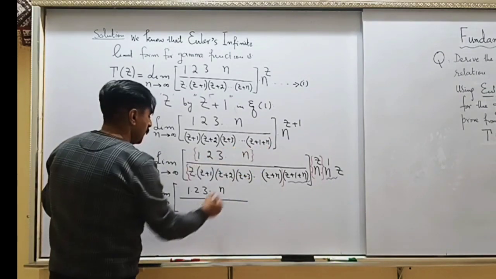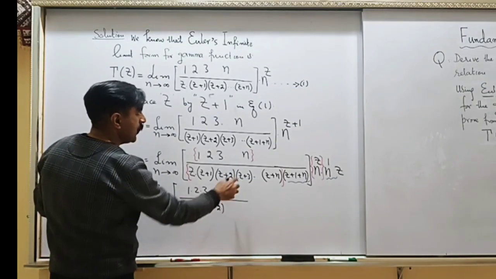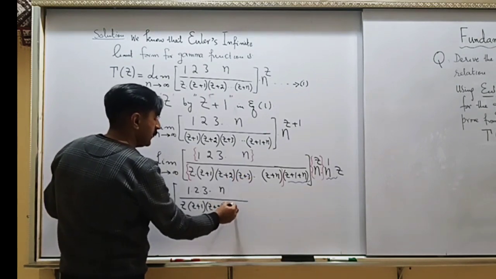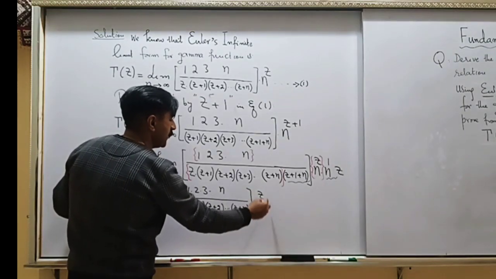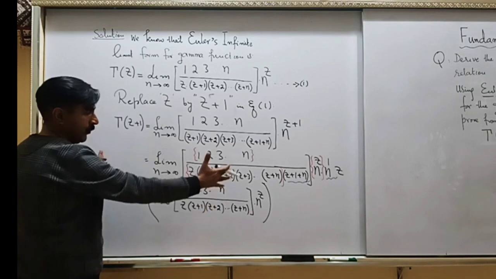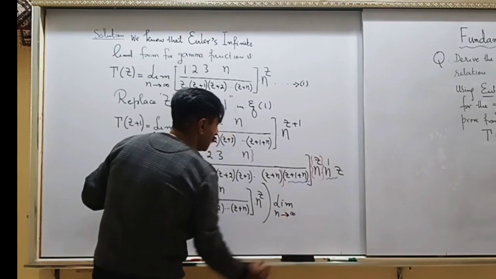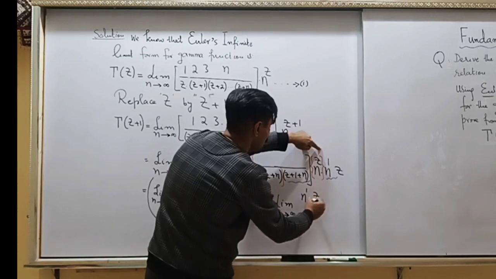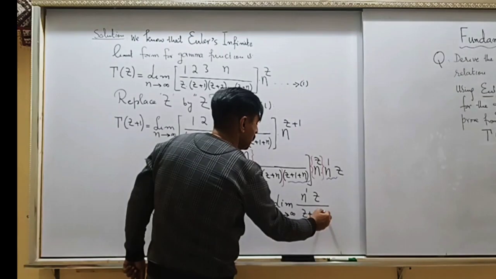So 1 to n, z into z plus 1, z plus 2, and so on, these three dots, z plus n, and n to the power z. This is one piece, and the other one is limit again, n approaches infinity, and you have n to the power 1 into z over z plus 1 plus n.